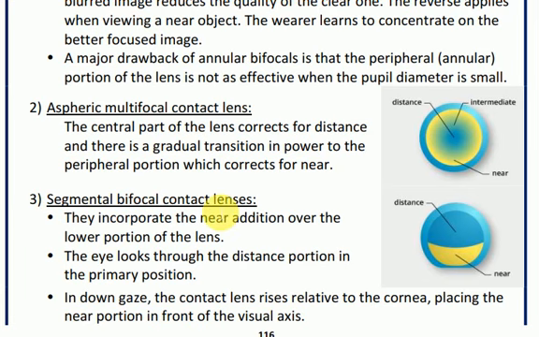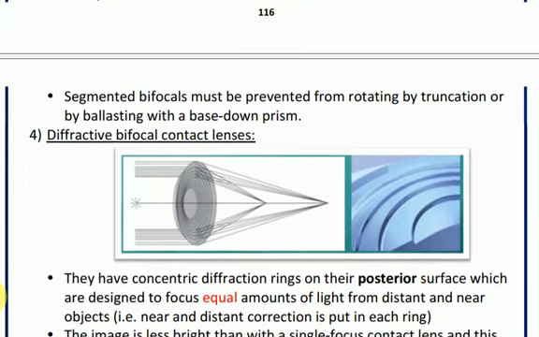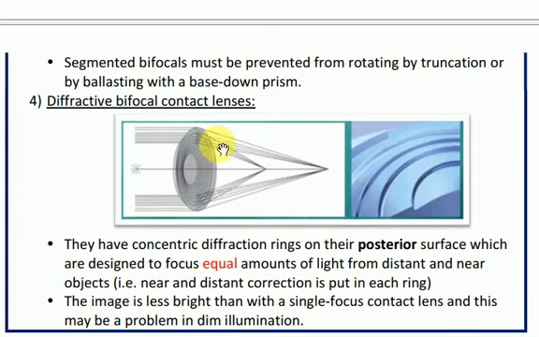Segmental bifocal contact lenses incorporate the near addition over the lower portion of the lens. The eyes look through the distance portion in the primary position, and in down gaze the contact lens rises relative to the cornea, placing the near portion in front of the visual axis. Segmental bifocals must be prevented from rotating by truncation or by ballasting with a base down prism.